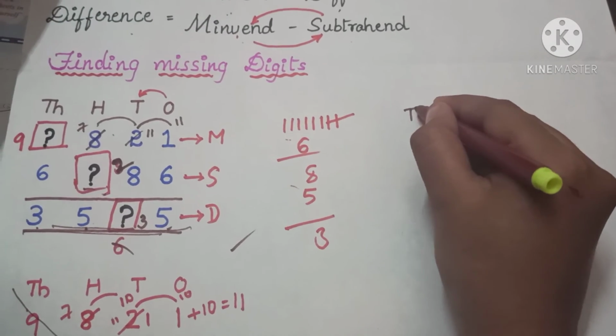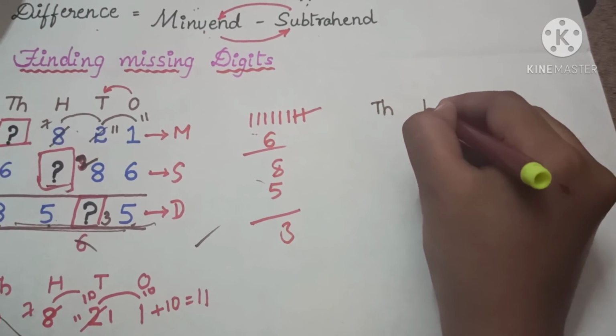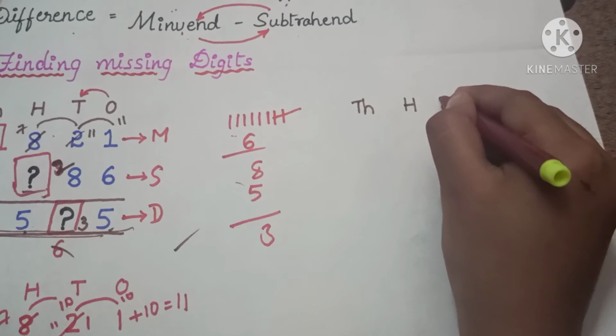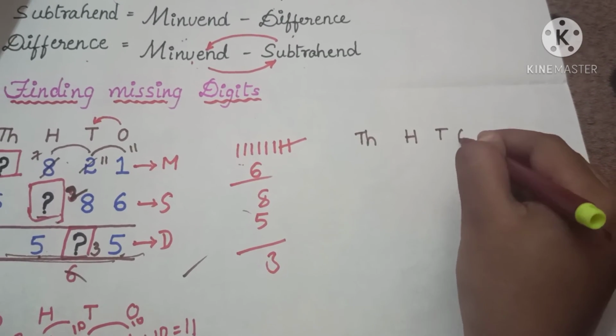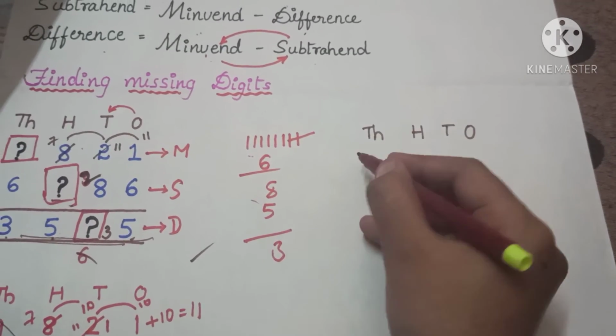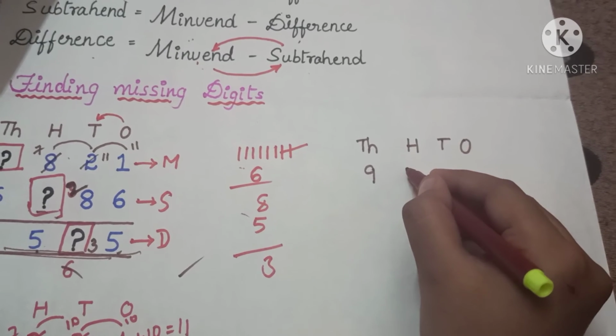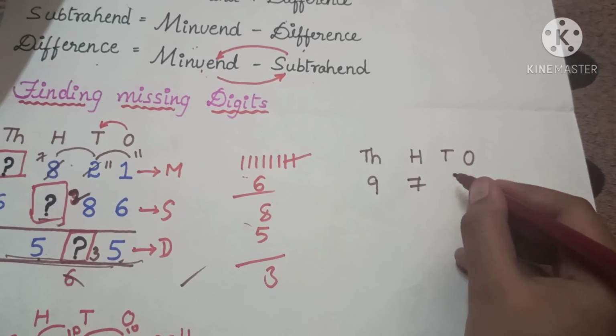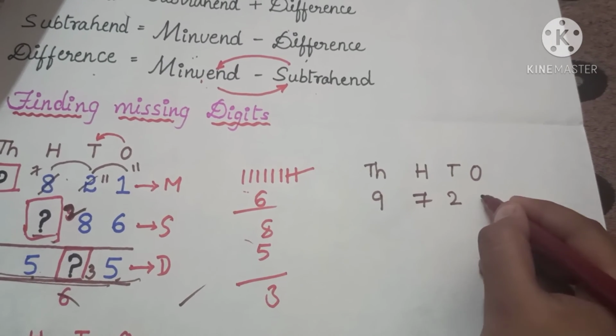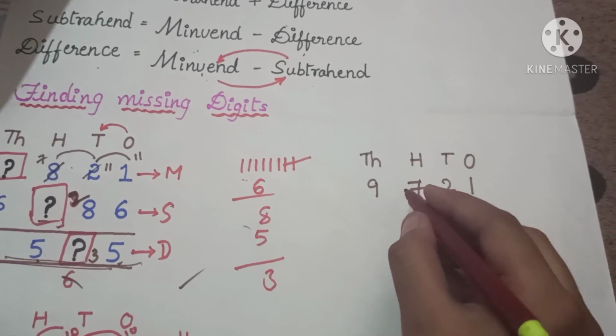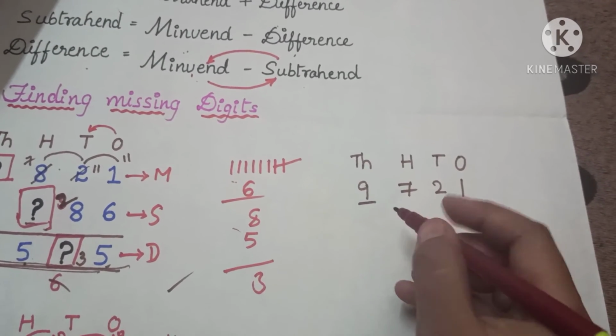That is thousands, hundreds, tens and ones. 9, 7, 2, 1, where this is the missed digit.